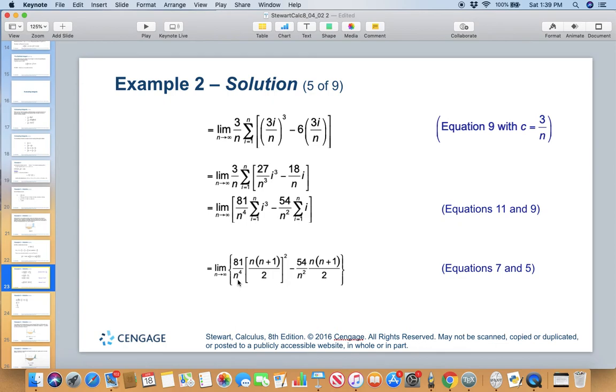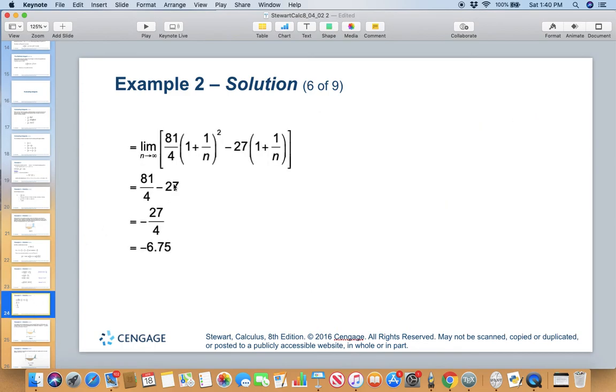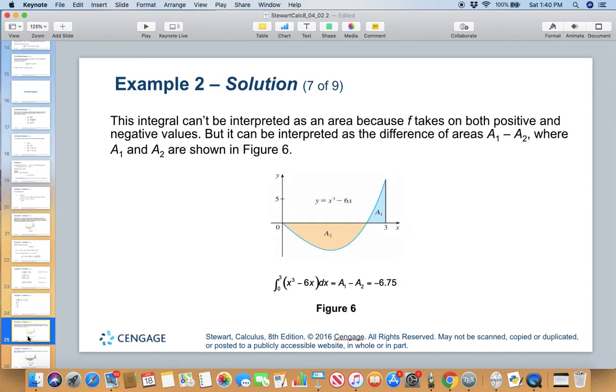Okay, n to the power 4, it will cancel some of the things. n to the power 2, it distributes. They are simply using limit games that we know all about and finding the actual answer. So that is the actual answer, area under the curve. There is a positive part, there is a negative part.